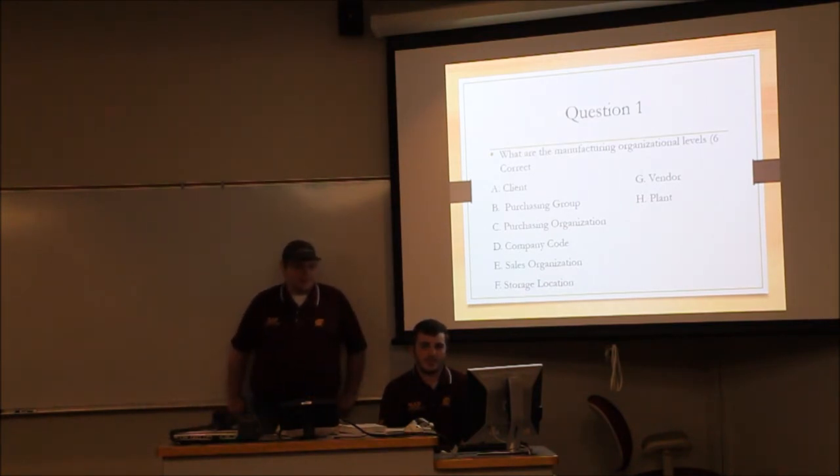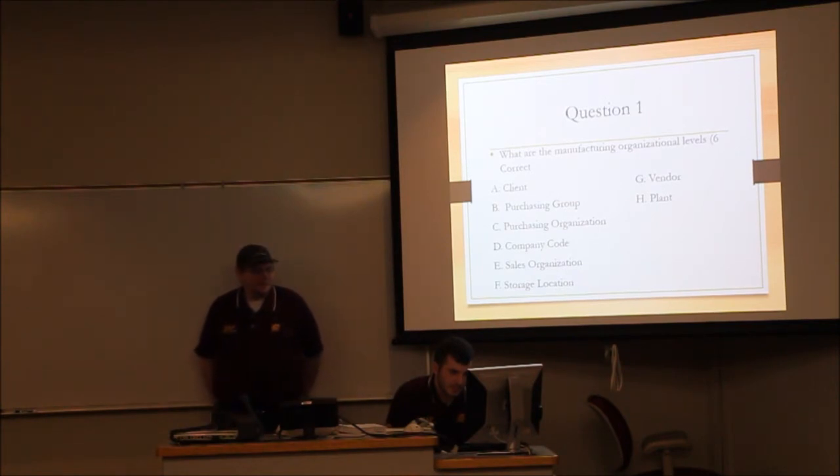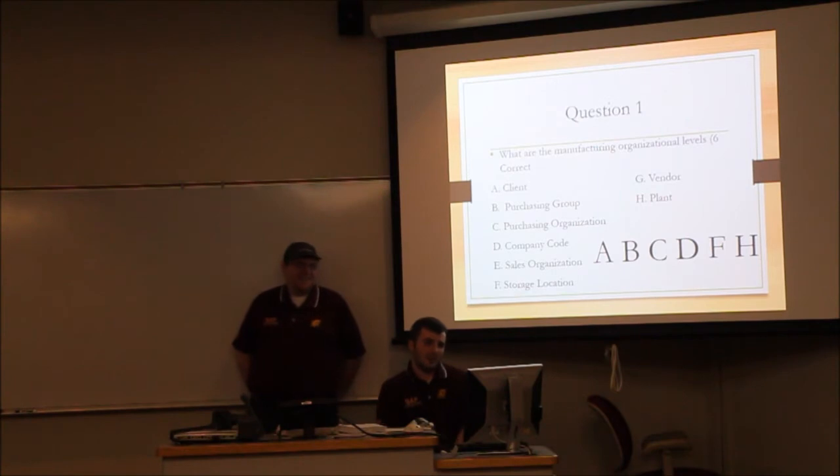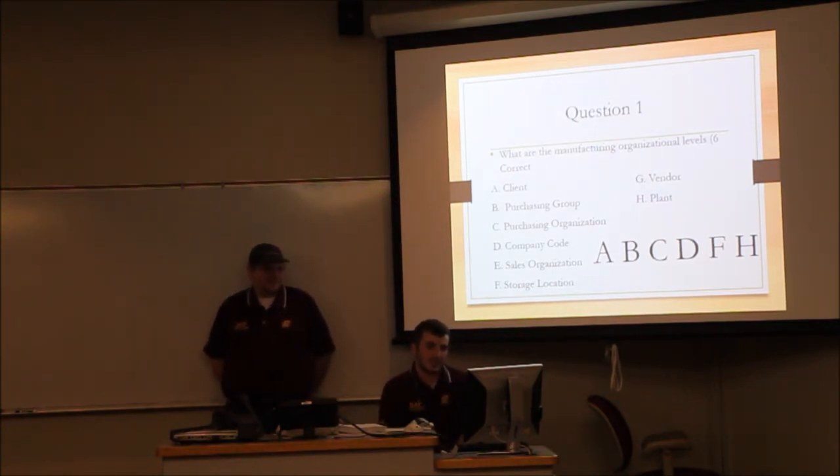So what are the manufacturing organizational levels? There are 6 of these that are correct. All except E and G. Vendor is not an actual organizational level, and sales organization has nothing to do with production.